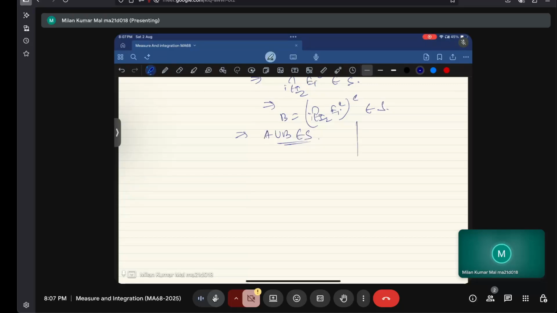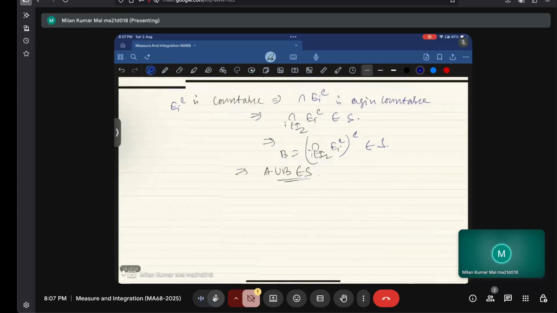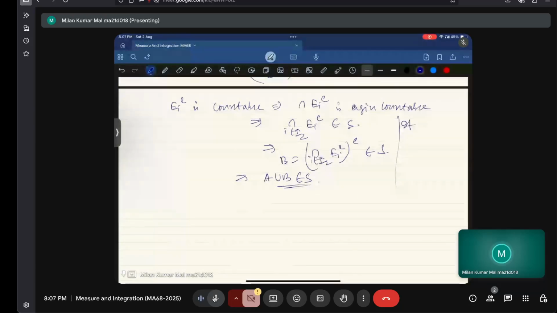If A is countable, so we can write here. Here I am writing. So the only case you have to verify is that A is countable and B complementary is countable, so then A union B is there. That I have to prove. Okay.